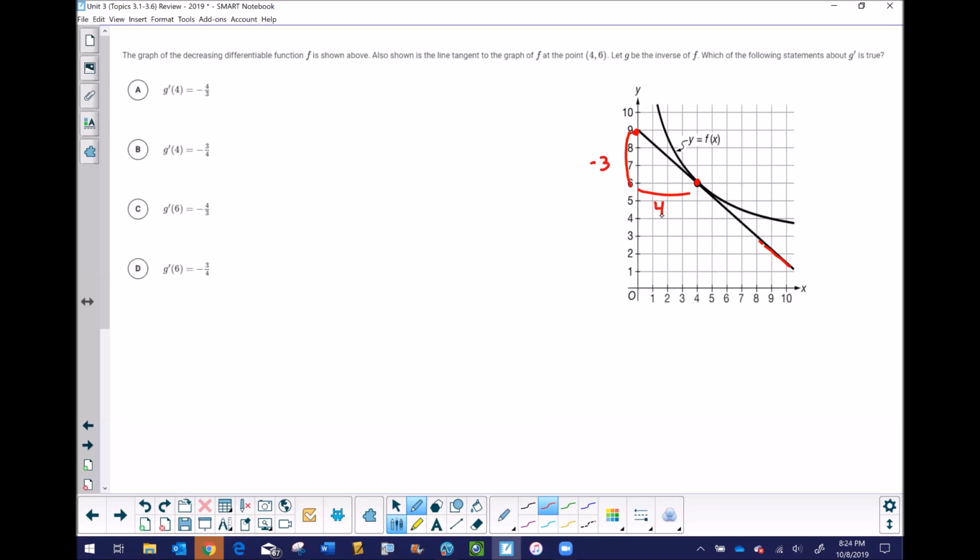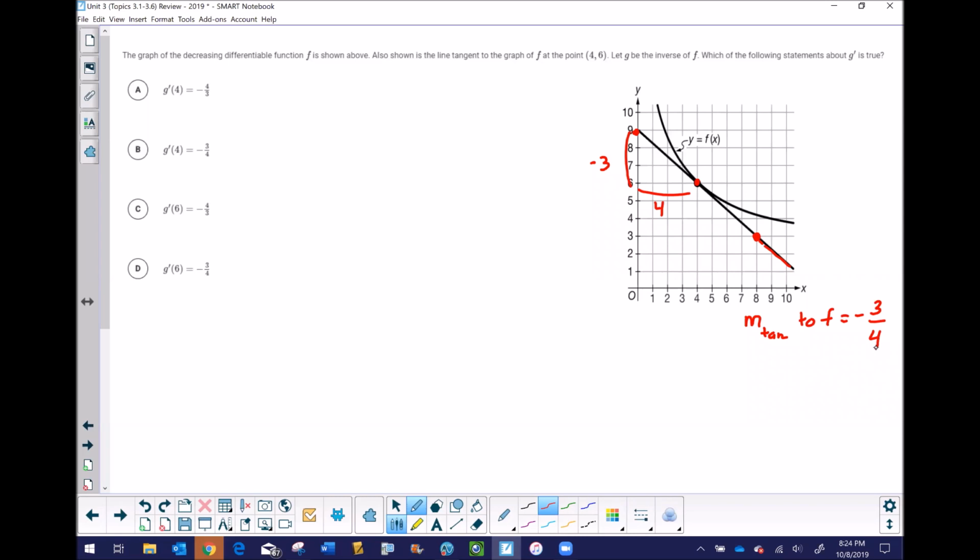Now, if you're wondering if the point (0, 9) is really on the graph, try going down 3 again and over 1, 2, 3, 4. Does it look like you have another nice point? And I'd say you do. Okay, so the slope of this tangent line, the tangent line to f, is -3/4.